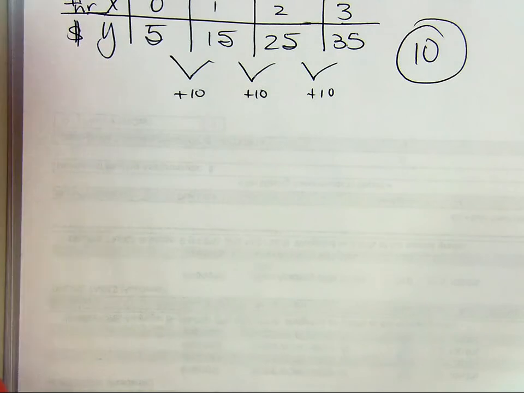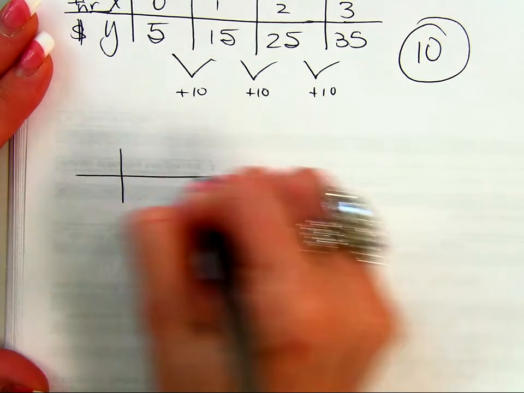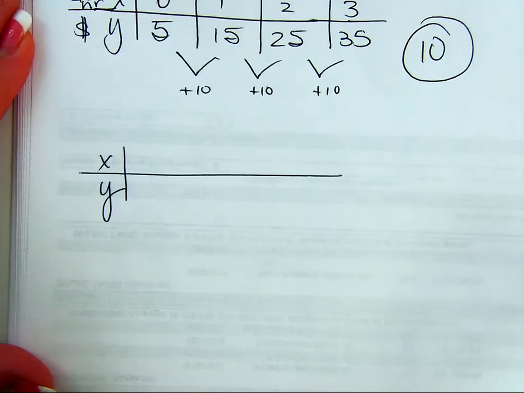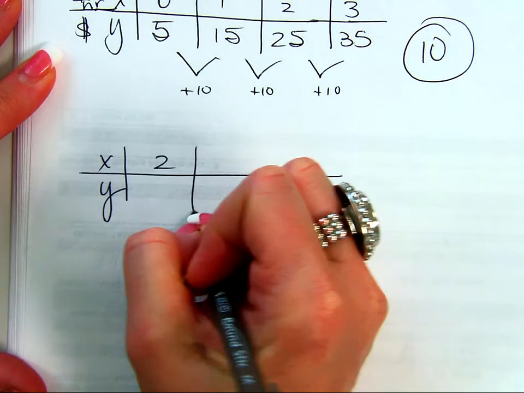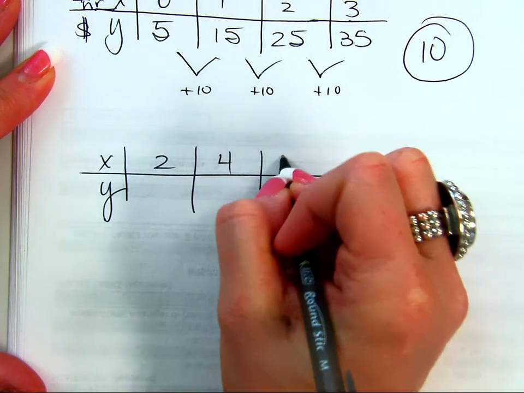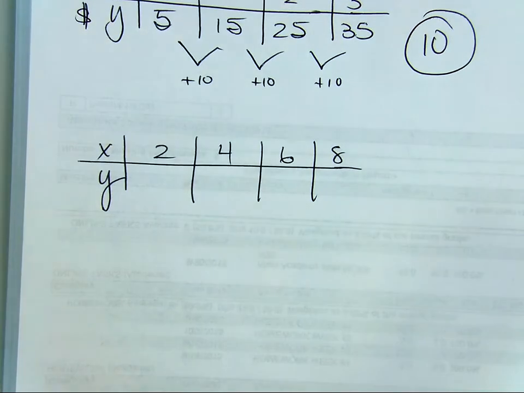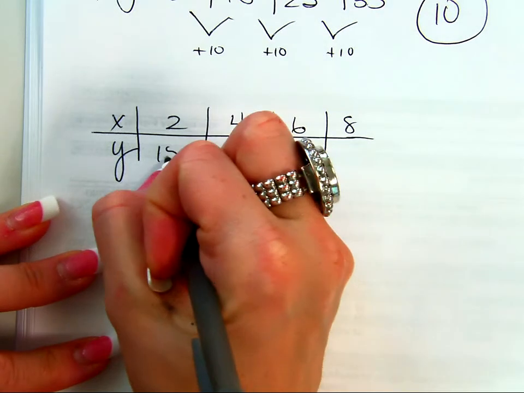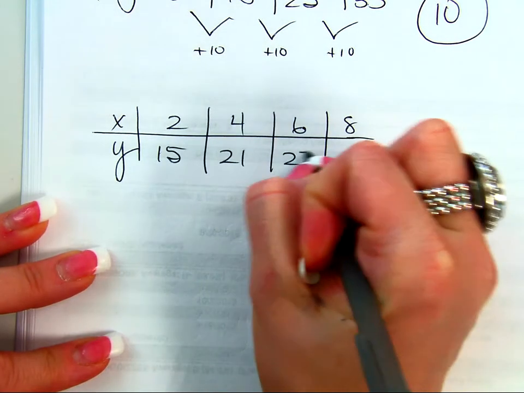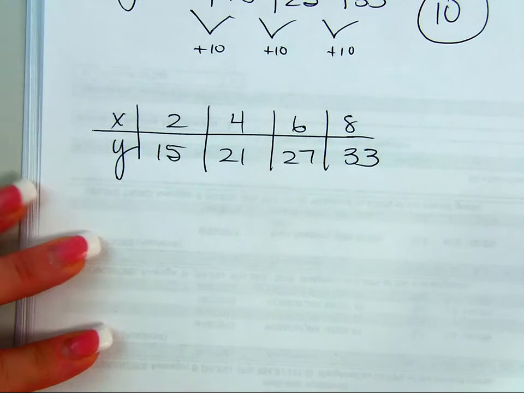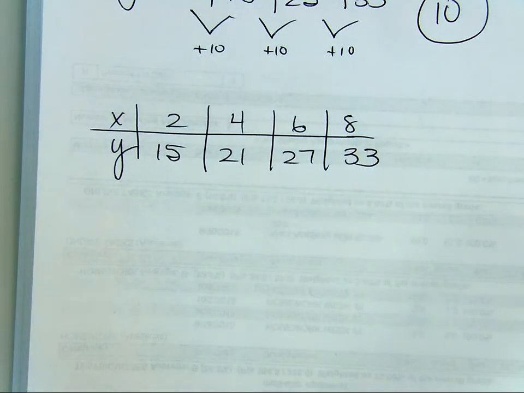Now, they're going to try to trick you even more. So let's say 2, 4, 6, 8. As soon as you see that, you're on high alert because you're like, okay, this is for every 2, not every 1. So find the rate of change for that.